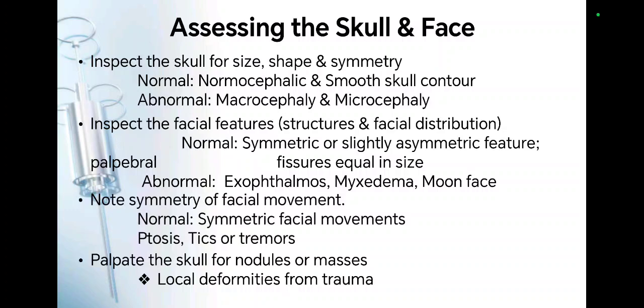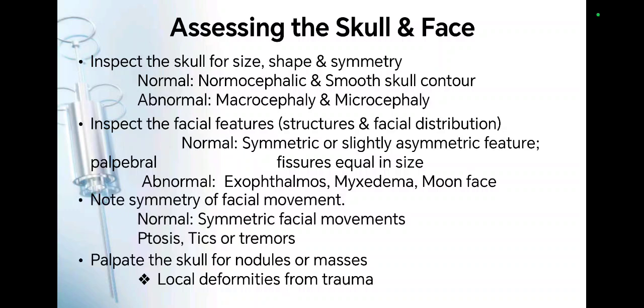However, it becomes abnormal if the asymmetry is very visible. Abnormalities that can be seen in patients include exophthalmos, myxedema, or moon face.